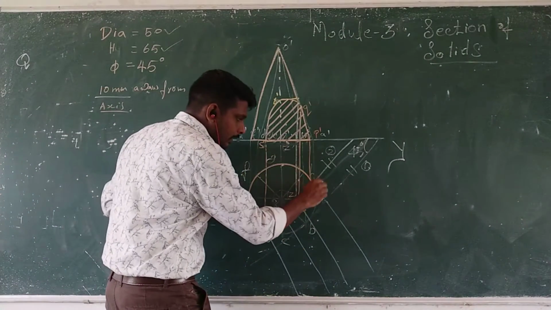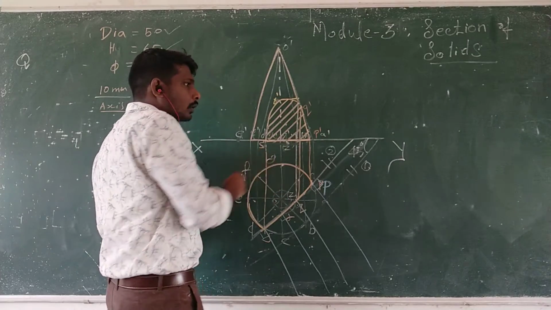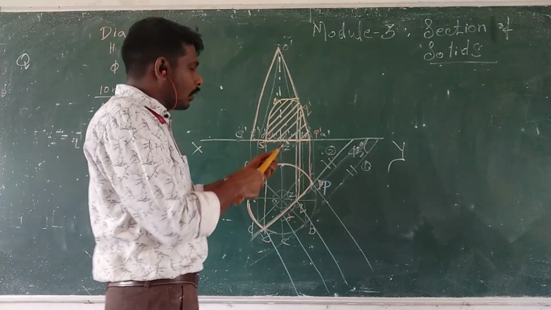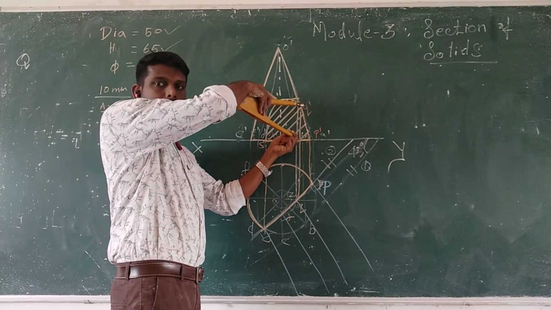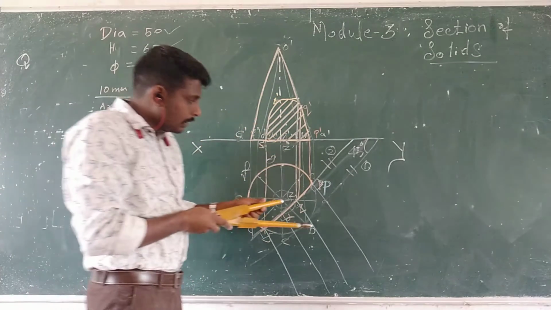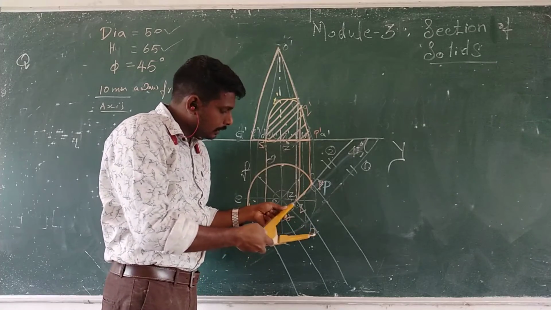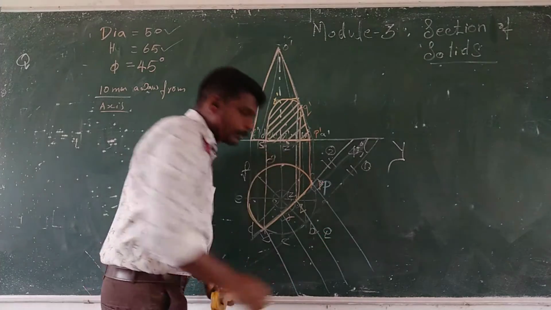So here itself the capital P comes. But for Q, the length is the distance from XY to Q dash. Take the distance using your compass and place it here, then mark the point, then that is capital Q. You got it?